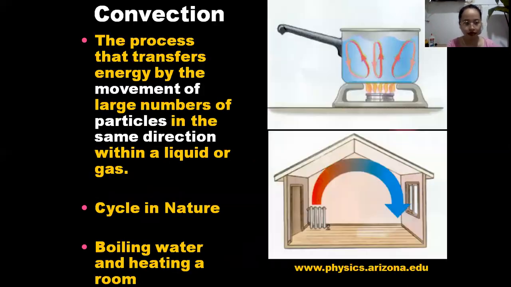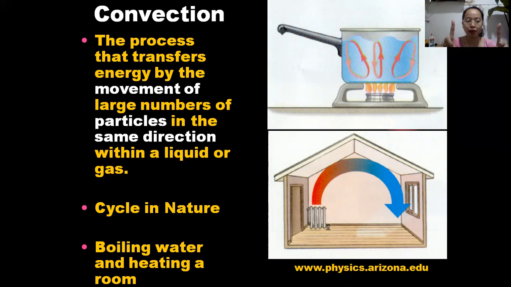Very good. And we have also convection. When we are talking about convection, it is the movement of large numbers of particles in the same direction within a liquid or gas. So when we say convection, we are talking about transferring energy in a liquid or a gas.